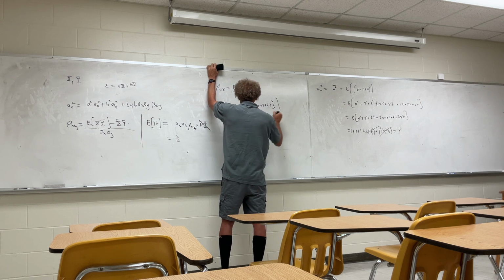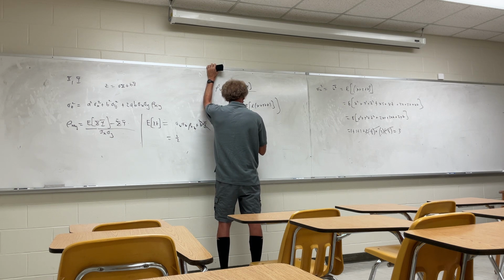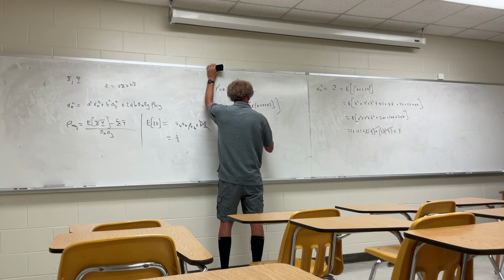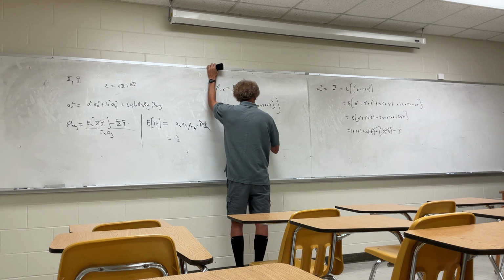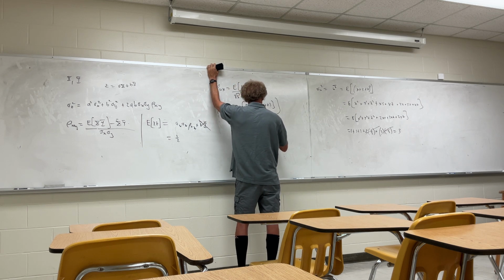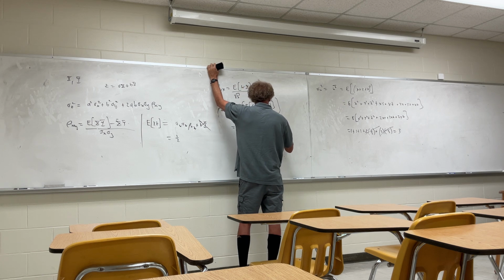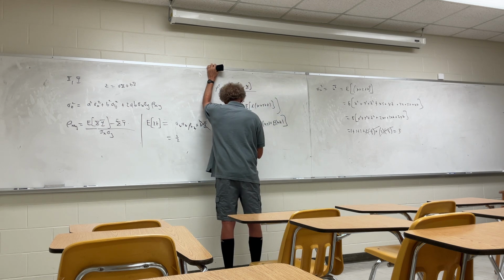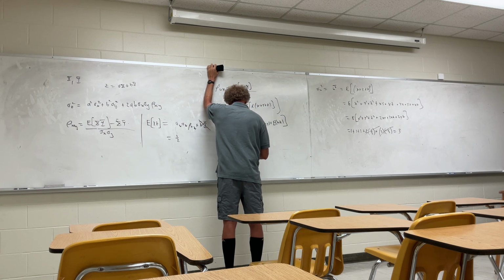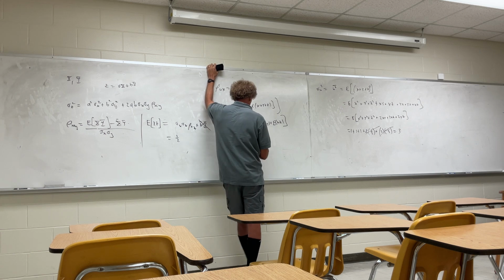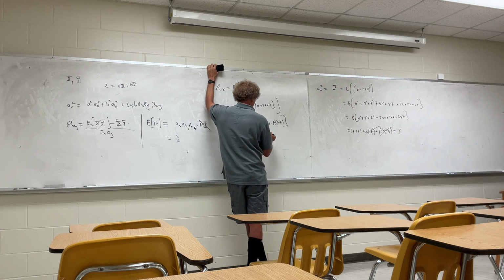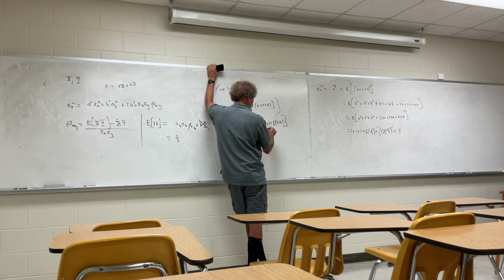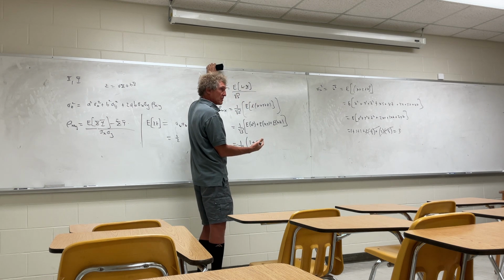And if I take a look at that, that's 1 over square root of 3 times the expected value of X squared plus the expected value of XY plus the expected value of XZ. And that should be 1 over the square root of 3. Here, that's 1. And then this is 0, the expected value of XY, because the correlation coefficient is 0.